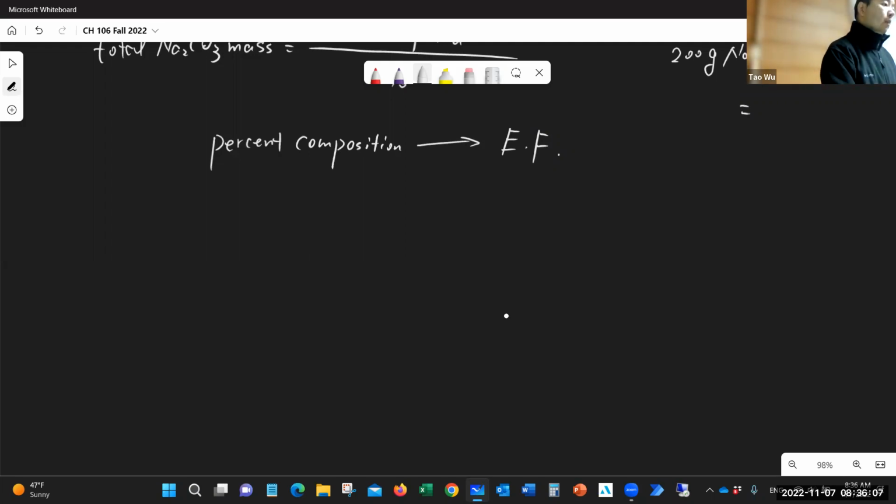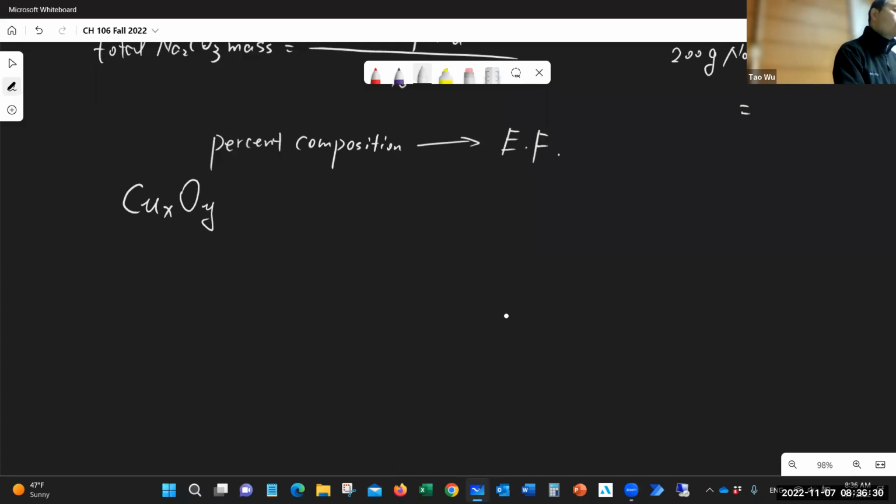Generally, what do you do? If you try to figure out the empirical formula, for example, for the compound X, let's say we try to figure out the empirical formula between copper and oxygen.